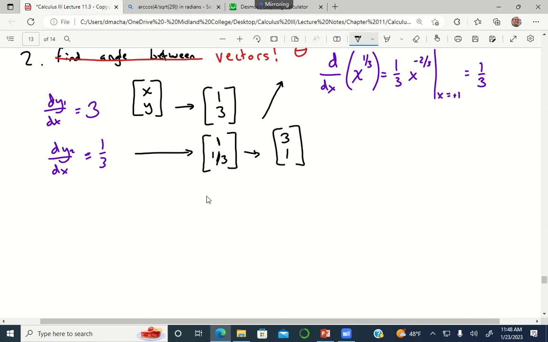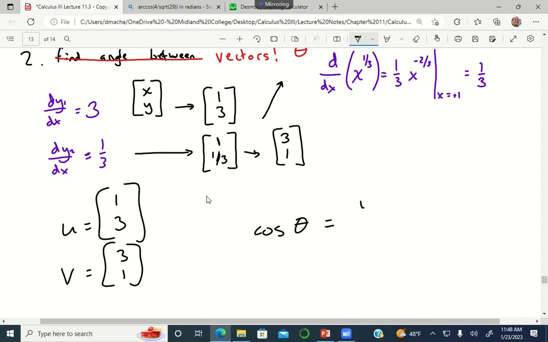So what I'm going to do now is call this vector u, call this vector v, and if I want to find the angle theta between u and v, I just have to use this little formula here. Now u dot v is going to be 1 times 3 plus 3 times 1, which is 6. The norm of u is going to be square root of 10. The norm of v is going to be square root of 10. So the product is going to be 10.